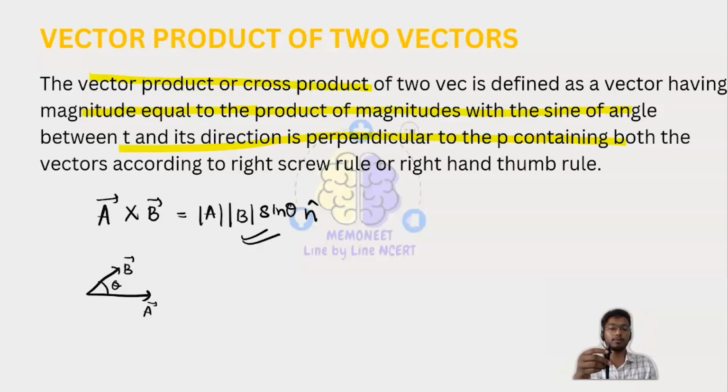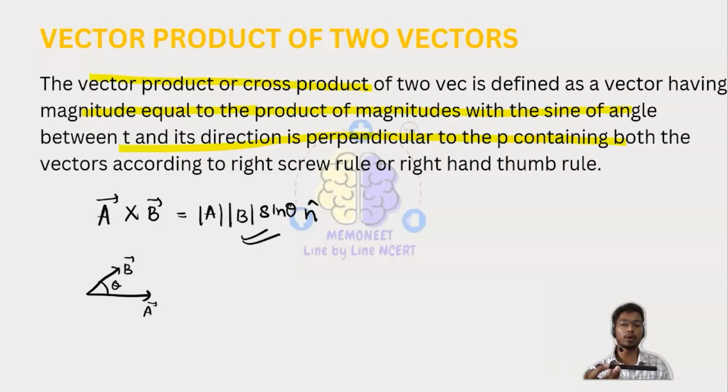Let's say we have a plane here, say my mobile is the plane, and we have a vector here and b vector here, in the plane of the mobile. We need to find the direction of the resultant vector when doing the cross product.